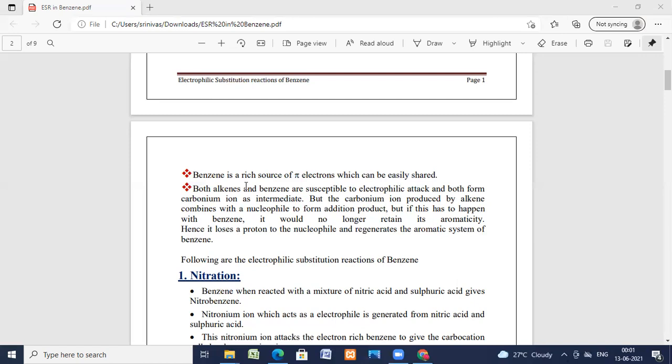Unlike the aliphatic systems, electrophilic substitution reactions are most common in aromatic compounds.